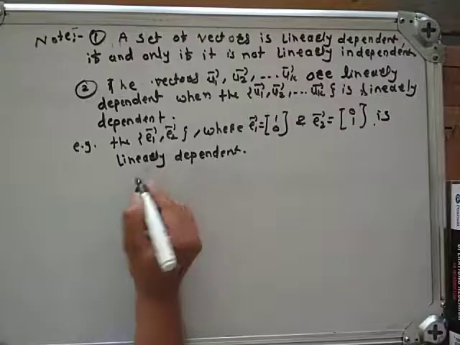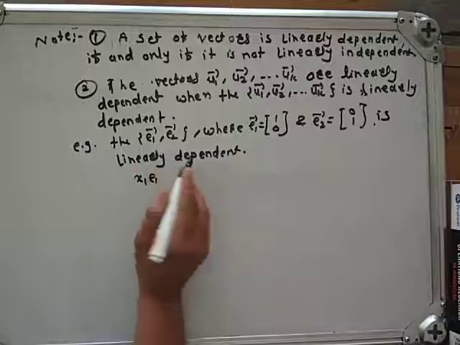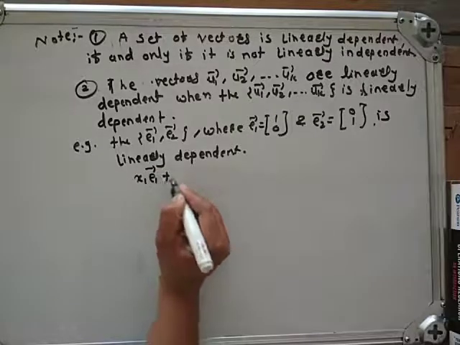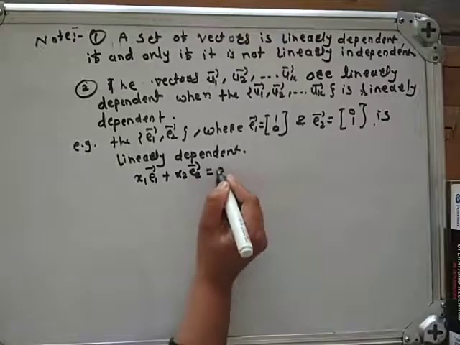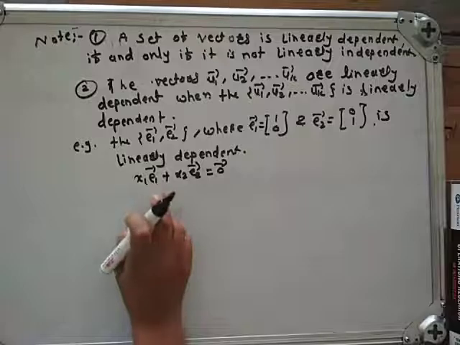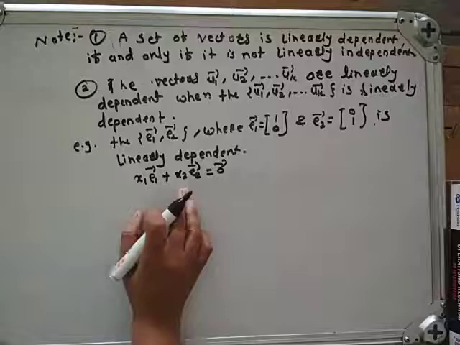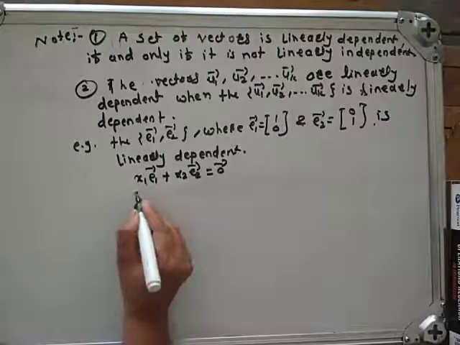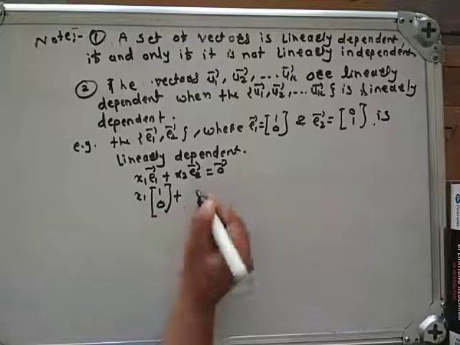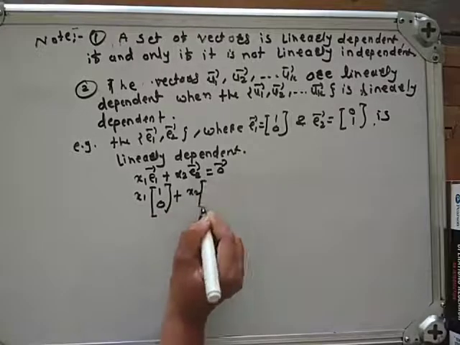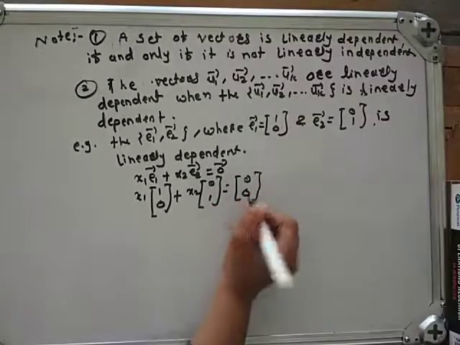Okay, why is this set of vectors linearly independent? Because if you consider a linear combination of E1 bar and E2 bar, x1 E1 bar plus x2 E2 bar, for their linear combination we require two scalars, x1 and x2. Okay, here x1 into E1 bar, which is matrix 1 0, plus x2 into E2 bar, which is 0 1, is equal to 0 0.